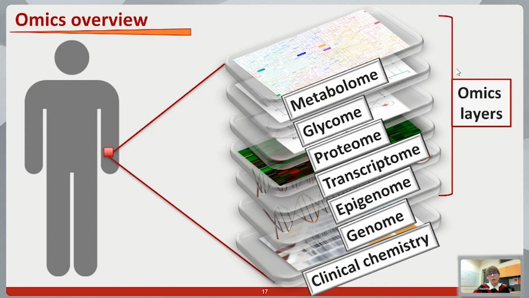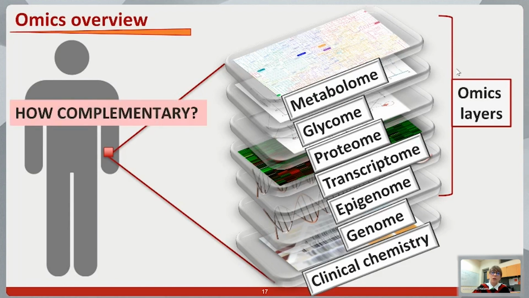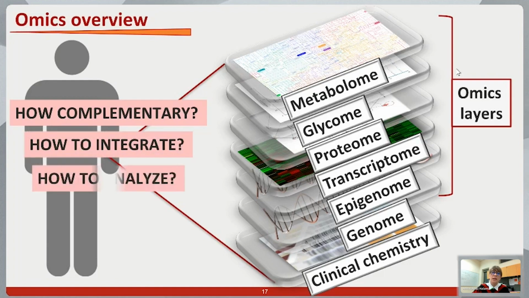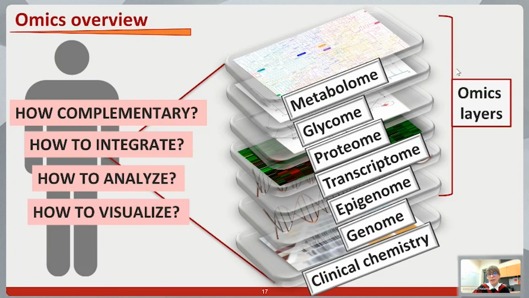So if we are thinking about omics and multi-omics analysis, first of all, it's very important to have a cohort which has all of those measurements from the same individuals, actually from the same sample. Having that lets us talk about complementarity, also integration of omics, and lets us know how to analyze such data and especially how to visualize them.